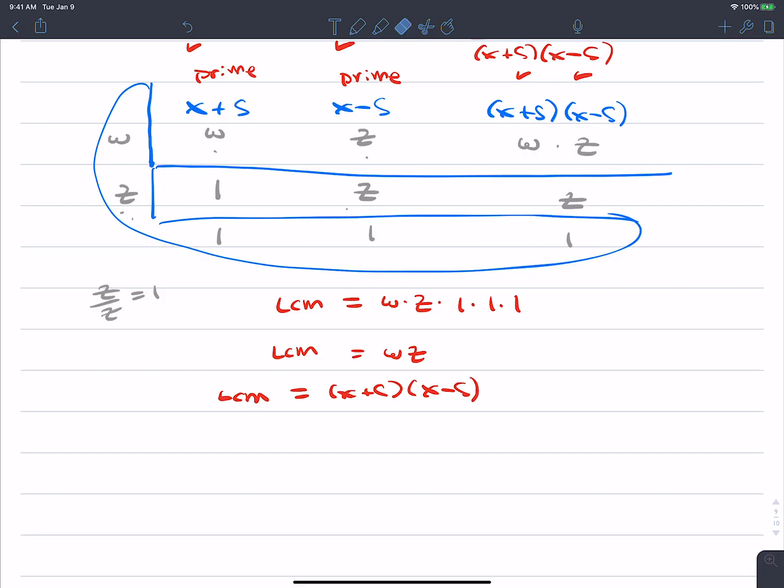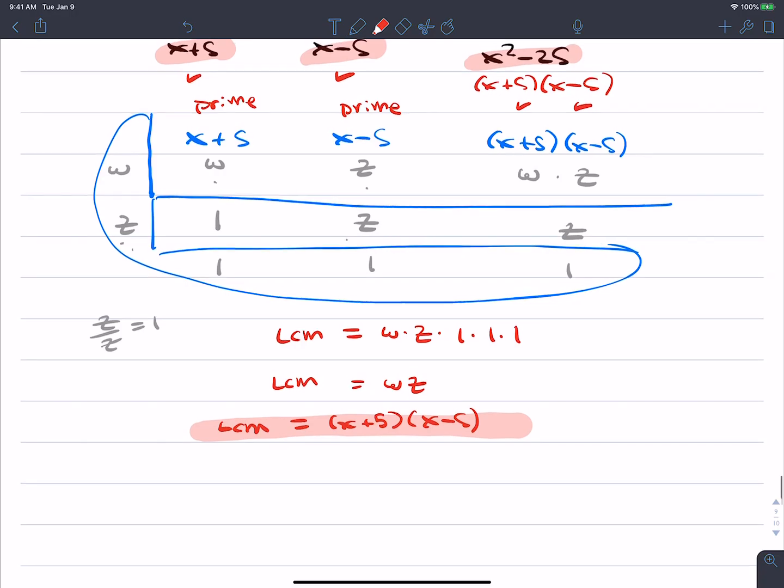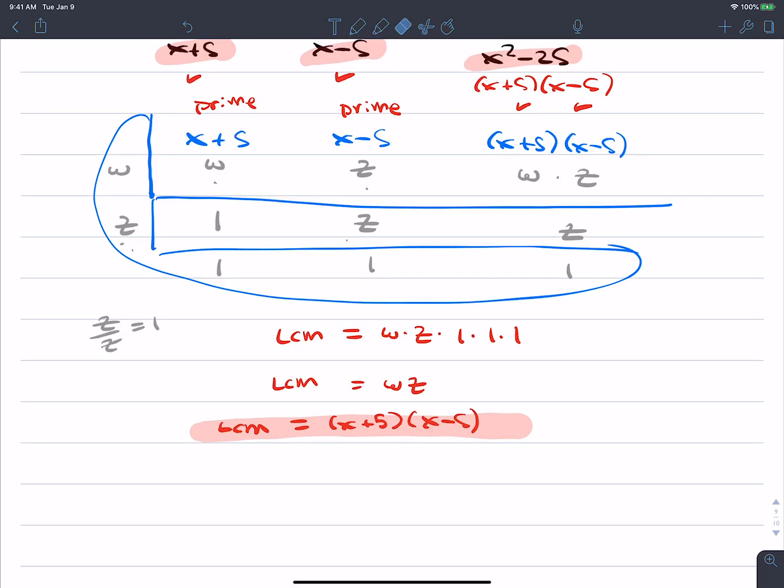And that's a big deal, ladies and gentlemen, because people make a mistake right here. But it's very simple. If you think of it the way we went through it here, if it's just single term variables that are not factorable, that are prime, that now makes this a lot easier. So now my LCM will be that WZ, which is analogous to what you see down here and here.